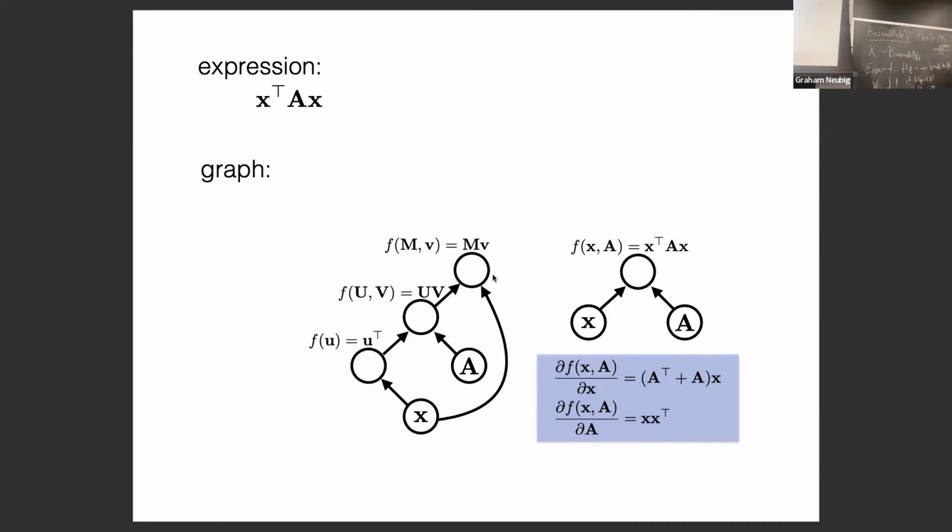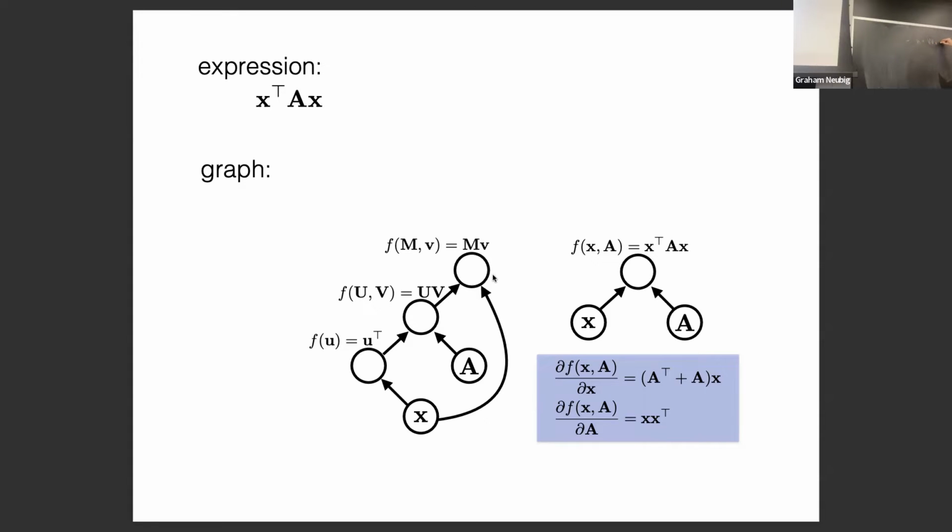So how exactly does this manifest itself? For example, in PyTorch or any other neural network toolkit, the most common example of this is when you calculate, for example, a hidden unit.